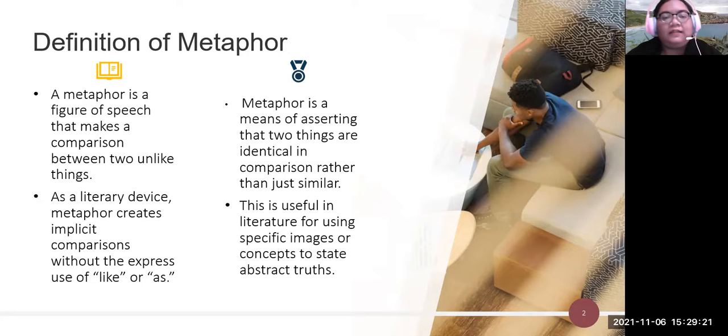Okay, and this is useful in literature for using specific images or concepts to state abstract truth. Yeah, so the imagery that you can get by using the metaphor is very useful in literature, because the concept that you want is then put into images in the reader's mind.